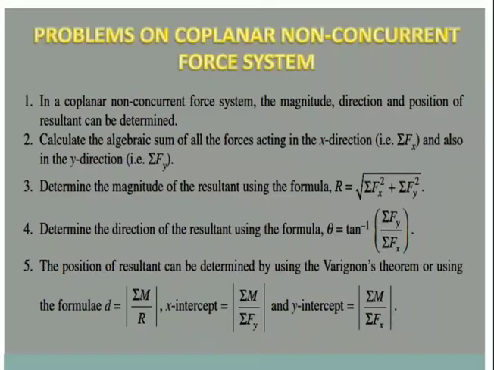Then it is a 4-step procedure, in which the first 3 steps are common, that is up to finding the resultant R and its direction theta, where R is equal to the square root of summation Fx squared plus summation Fy squared. The angle theta is given by theta equal to tan inverse of summation Fy upon summation Fx.